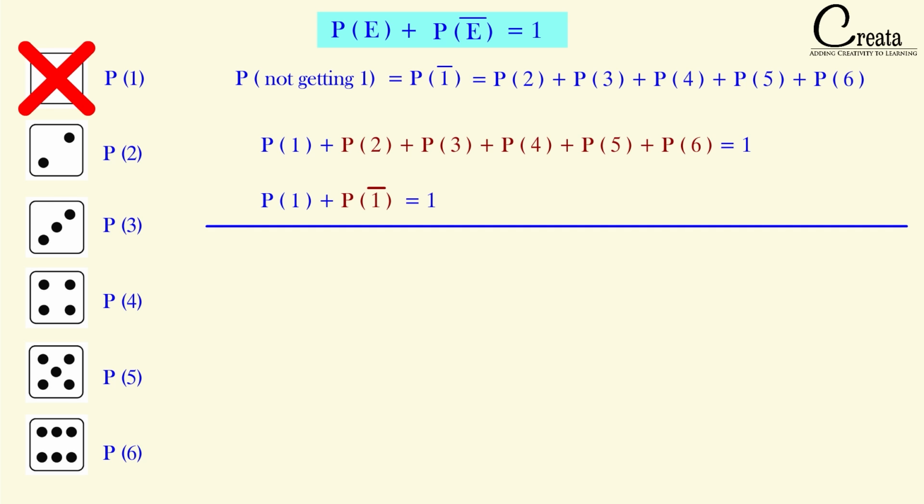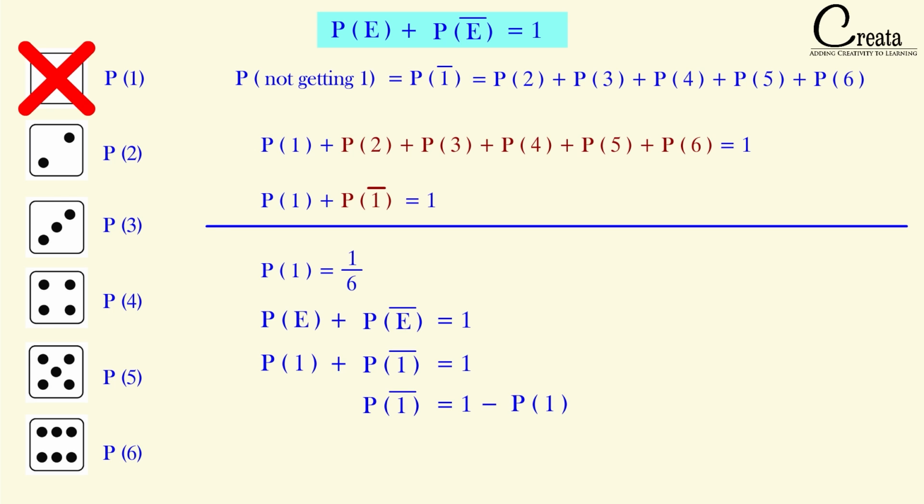The probability of getting 1 is equal to 1 by 6 that we have just seen. So with the help of the formula, can we say probability of not happening of the event 1 is equal to 1 minus probability of happening of the event 1, that is 1 minus 1 by 6, which is equal to 5 by 6. So probability of not happening of the event 1 is 5 by 6.